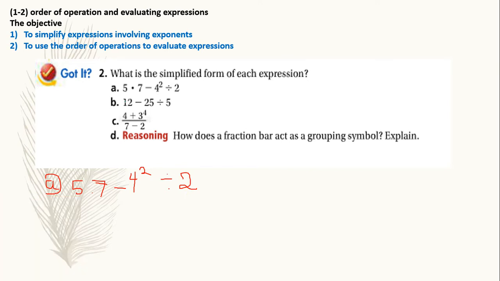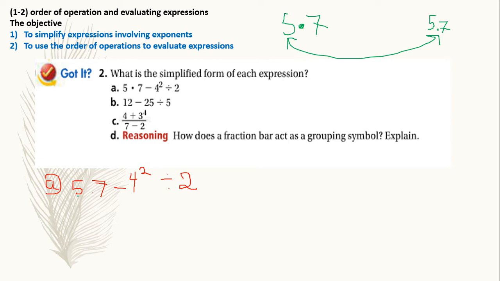Then, this is multiplication by the way. If you have a big dot in the middle, like this, that's a product, that's a multiplication. While if you have a small dot down here, that is a decimal. So make sure that you distinguish the difference between them.